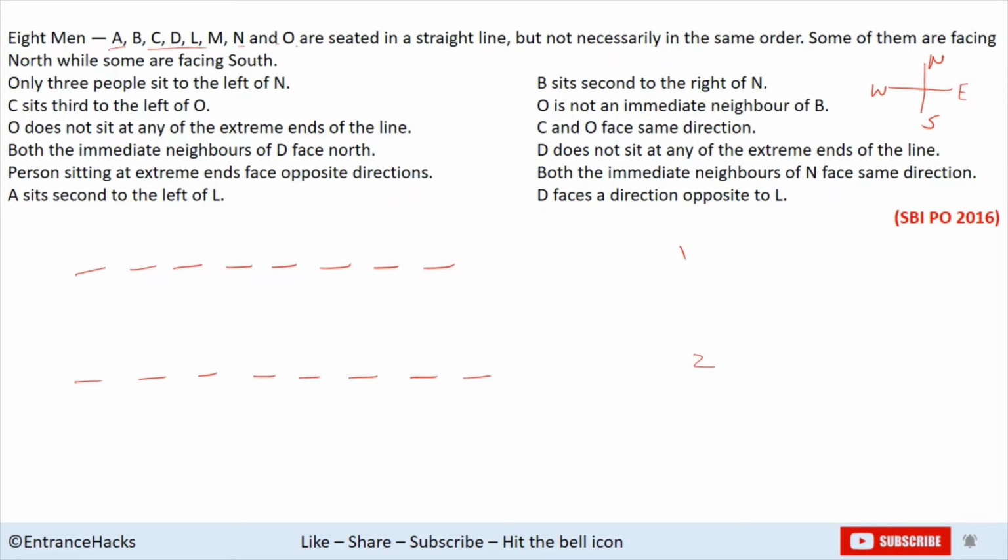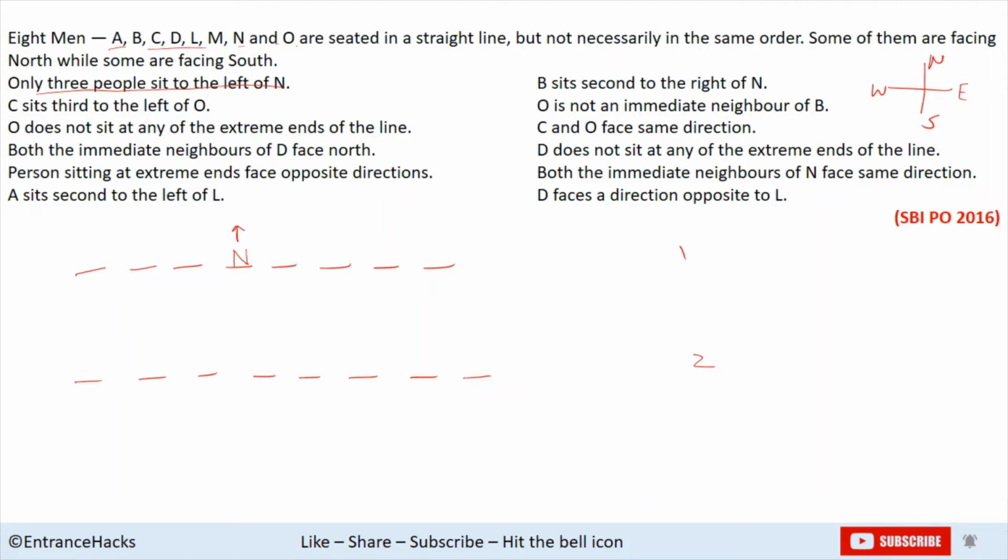We'll start by working on the statements. The first statement says only 3 people sit to the left of N. If N is facing north, then 3 persons are on his left.